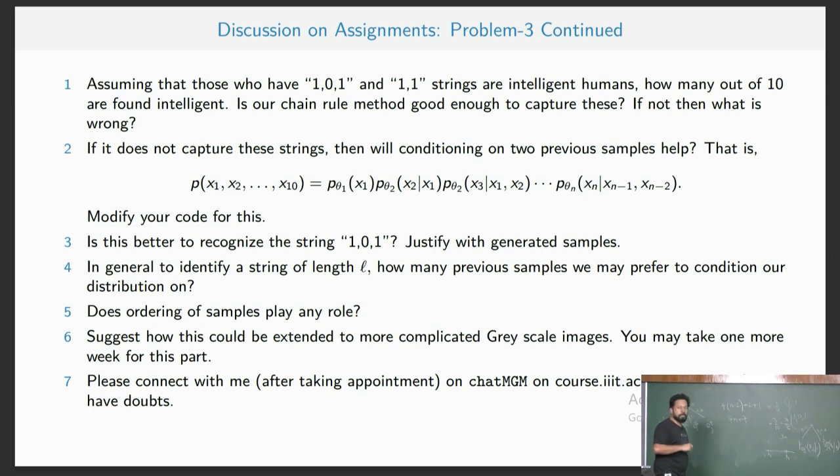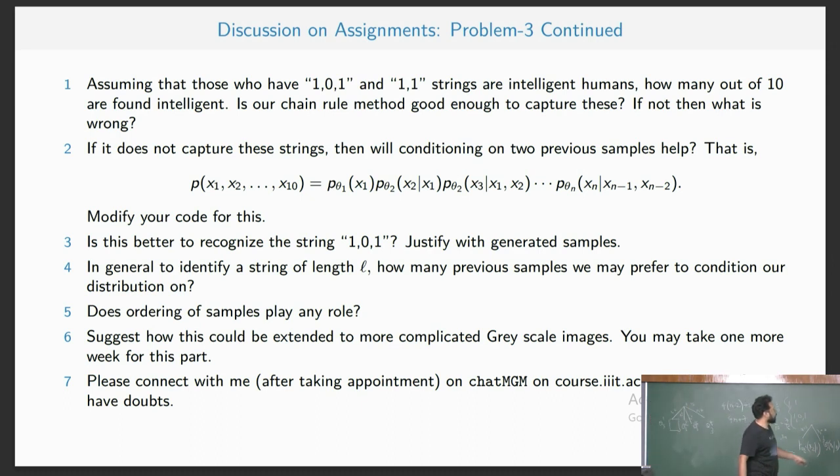So in general, from here should we conclude that if there is a string of length L to be identified, how many are good enough? Should we go for conditionals with previous L minus 1, or L? What do you suggest? I'm just asking for intuition here.